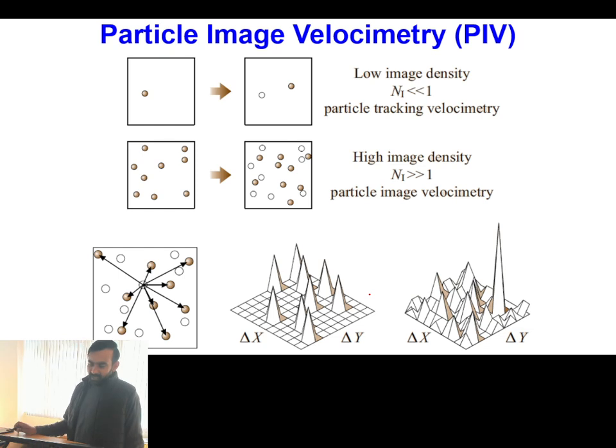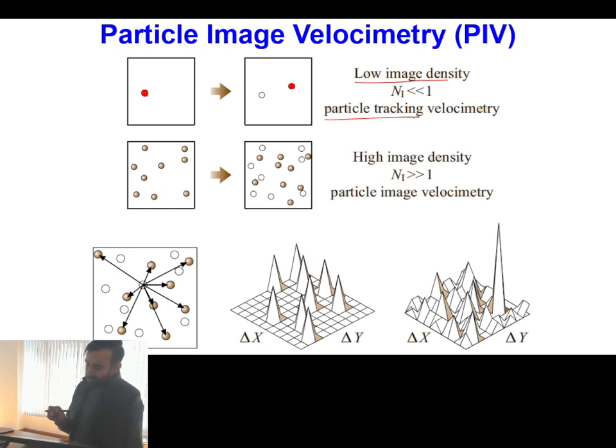Now you can see one simple comparison of low image density particles. Here, this was the previous location of the particle in the previous frame. Now in the new frame, this is the location of the particle. This type of particle tracking velocimetry is possible when we have low image density.